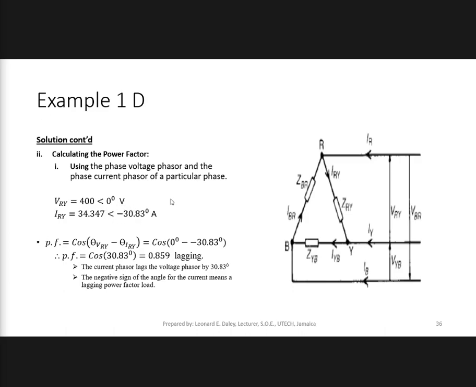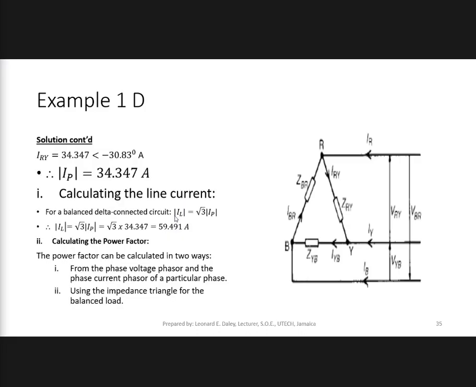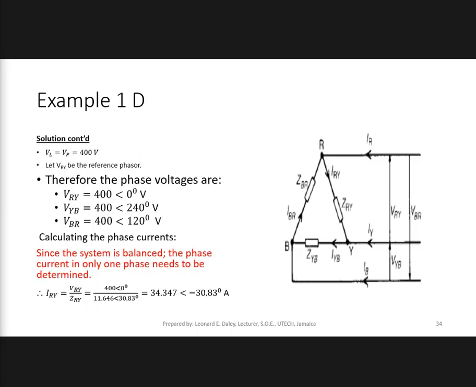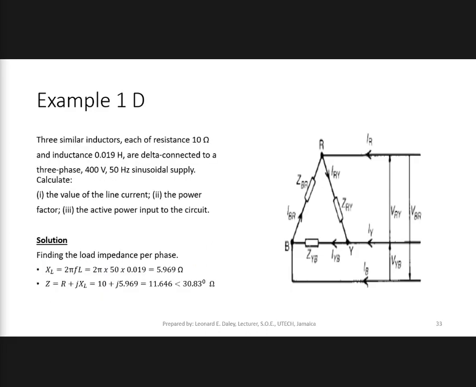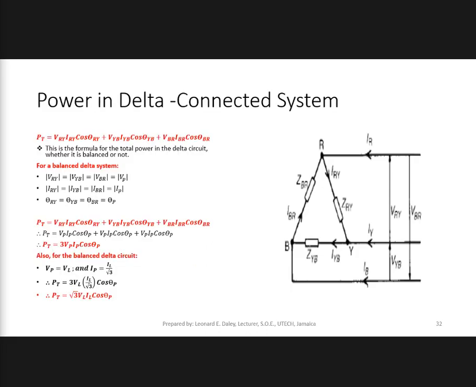Another way, and we can look at it through this too, right? One way of determining the power factor is to look at the difference between the voltage phasor and the current phasor, and you work out the cosine of that angle. Another way is going back to this.